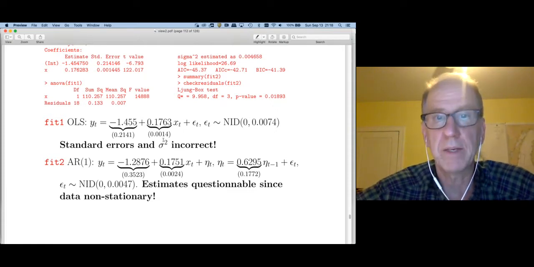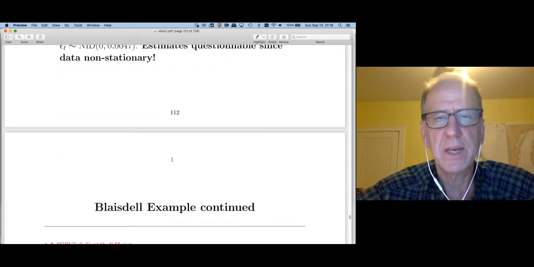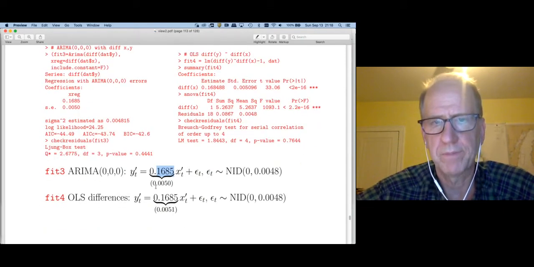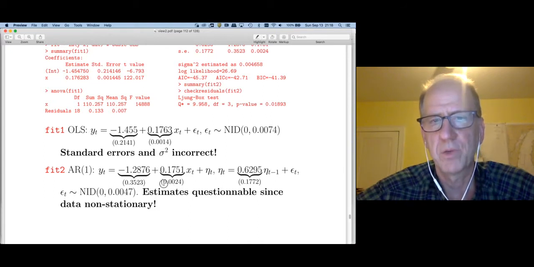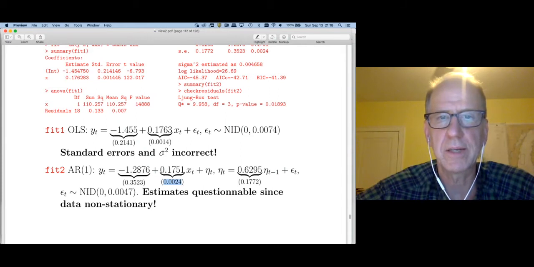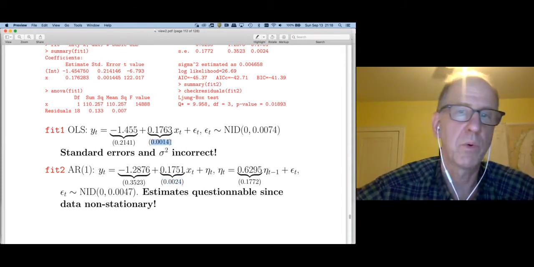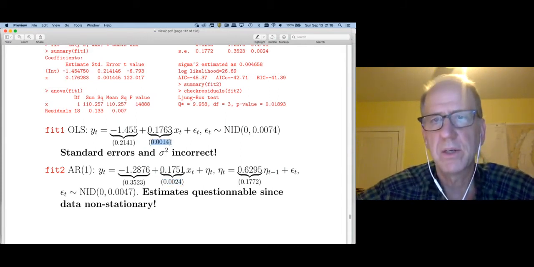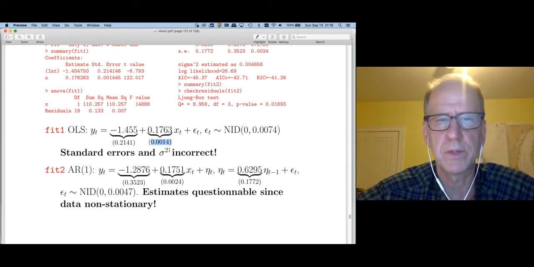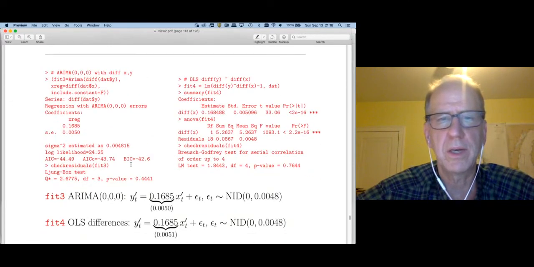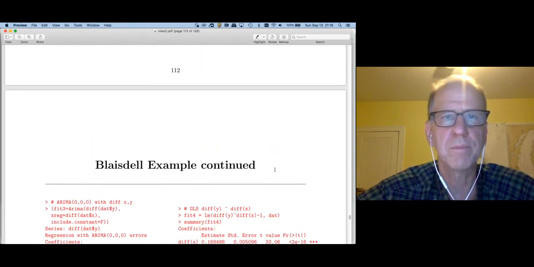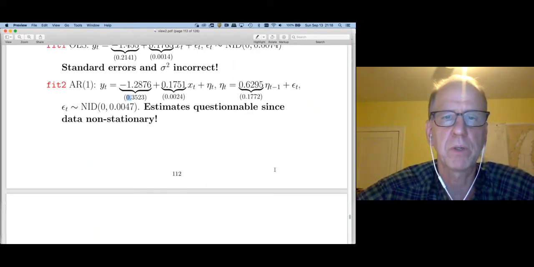These were unbiased officially. However, the standard errors are quite a bit different. So the standard error is 0.005. That's twice as big as what we got with the model with the non-stationary data, nearly 4 times as big as what we got with OLS. So the standard errors are incorrect with these two models. You'll notice the second model with the stationary data, though, gets pretty close on the errors. So 0.0048, 0.0047, that's pretty close.